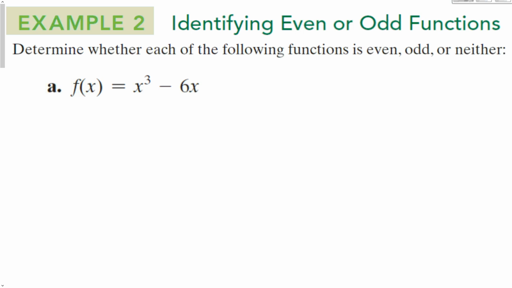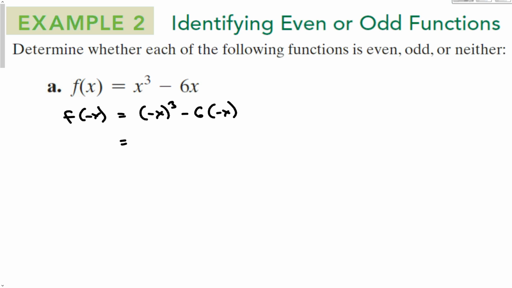Let's see how to do it. Let's determine if these functions are even, odd, or neither. So here's my original function. In order to tell, I need to calculate f of negative x, which means I input a negative for every value of x. Well, now we have to evaluate it.